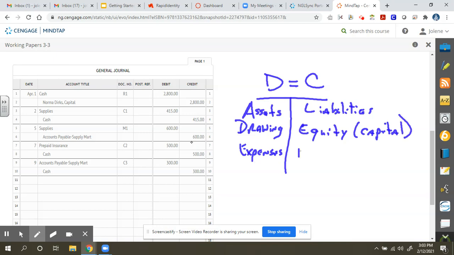And then we have revenue, which is sales. Liabilities are accounts payable. That means we have to pay them. Assets, remember, are everything that you own that has value. It also includes your accounts receivable.